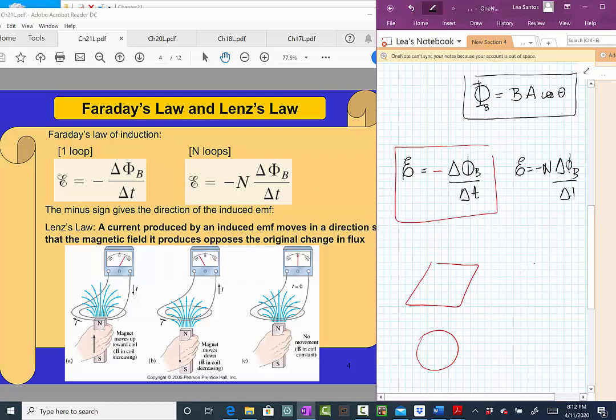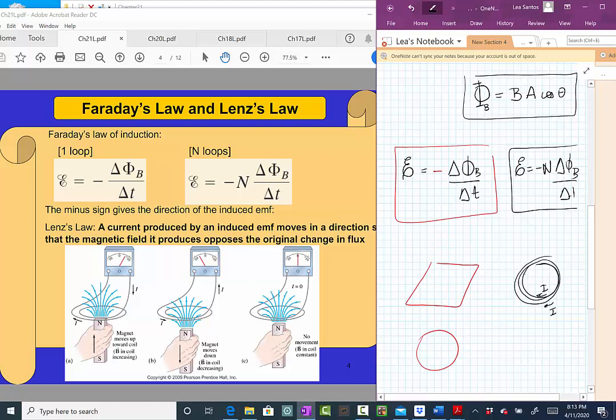Well, imagine if instead of just one loop, we have 2, 3, 4. That means we'll have current going through each one of these wires. So this induced EMF or induced current will also be proportional to the number of loops, the number of turns that this wire will be making.